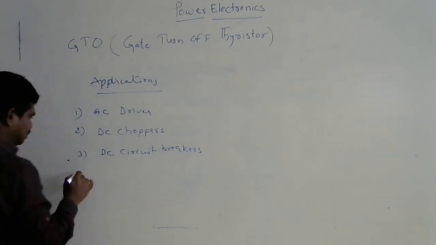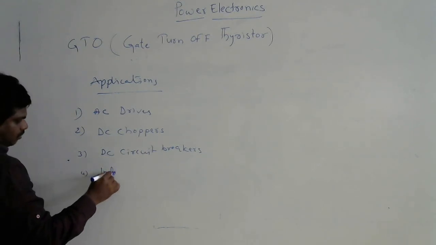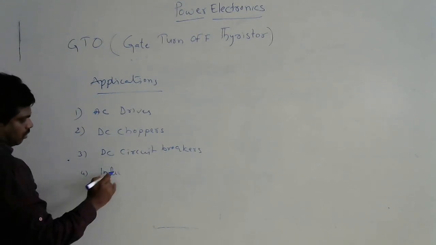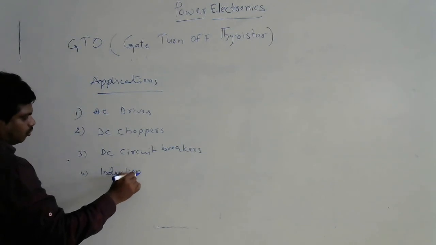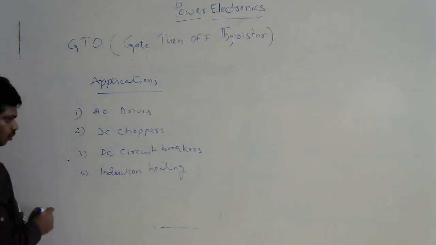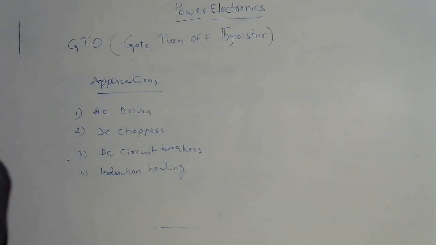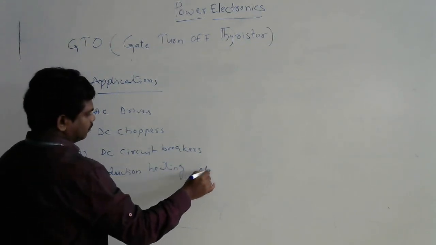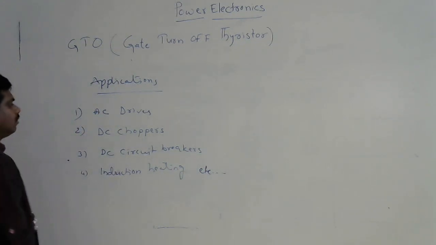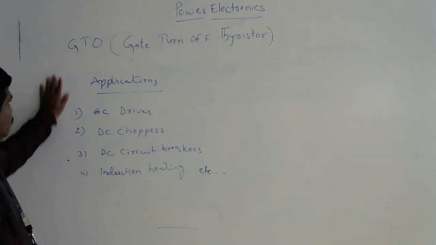And fourth, induction heating. We can use GTO in induction heating also. These are a few important applications of this type of device for the turn-off process, etcetera. A few more will be there, but remember these things. These are the main applications where we are using GTO.